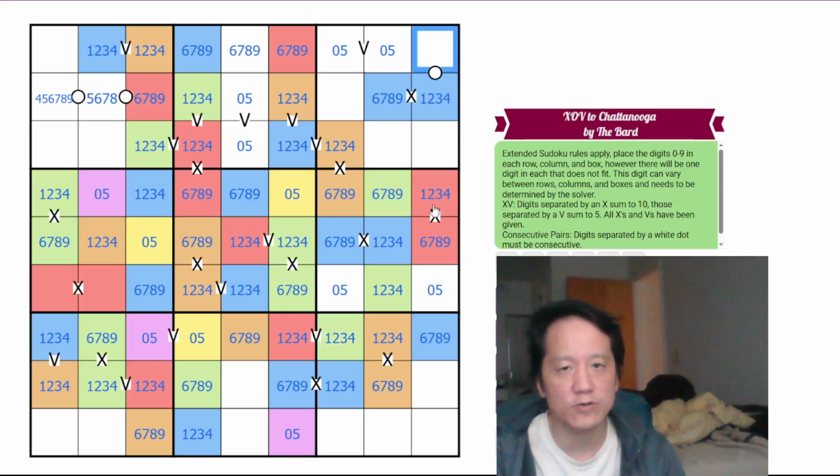This cannot be 0, 5, so this is also 1 through 4 to be consecutive with this. Cannot be blue, orange, it can't be red. This has to be green then, because we have a 0, 5 pair. So this 1, 2, 3, 4 can be consecutive with 0 through 5, but 0 through 5 is already taken here.